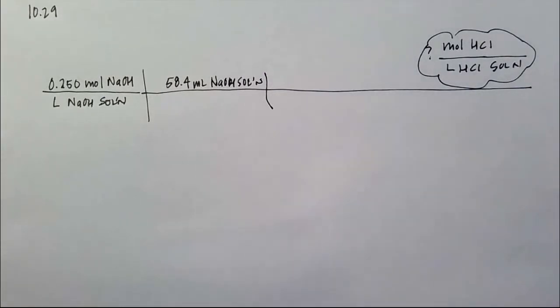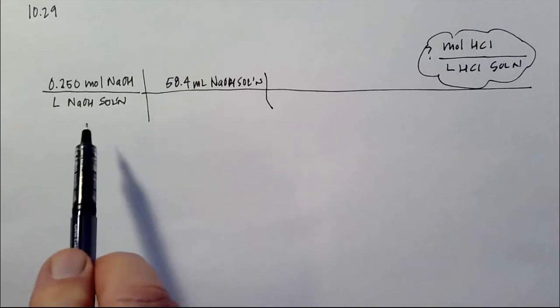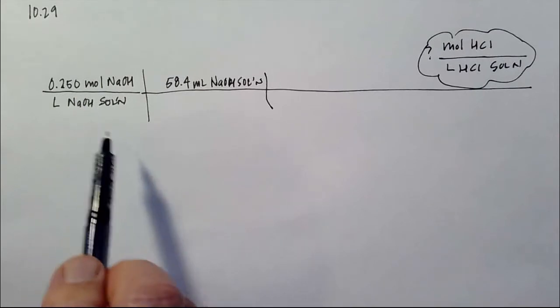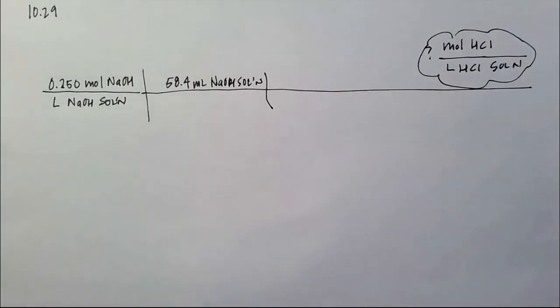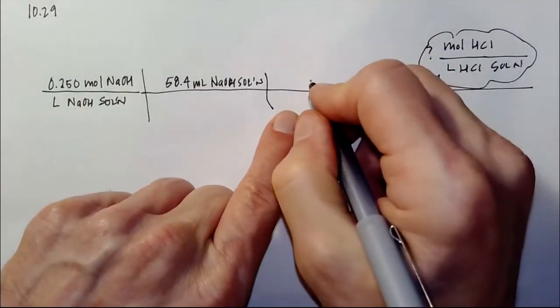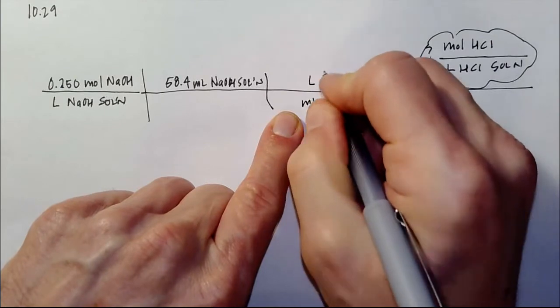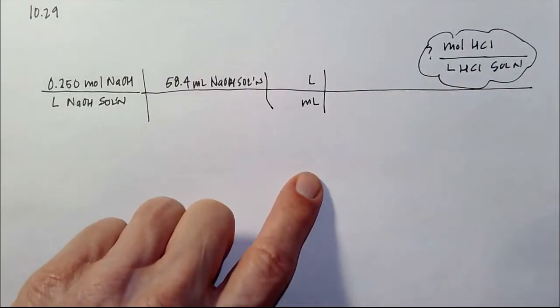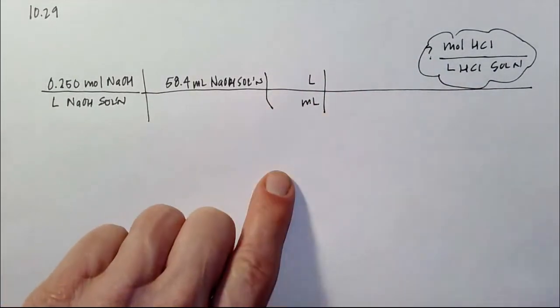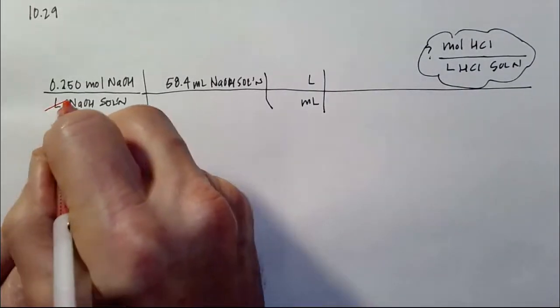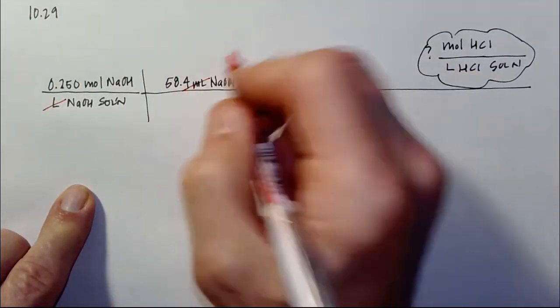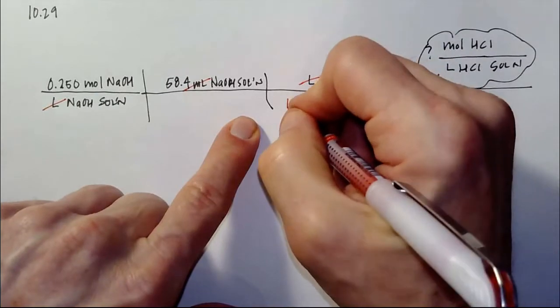Now, one of the tricks with these stoichiometry problems is keeping track of, well, that's liters of the sodium hydroxide solution. You're going to have two solutions, so it gets tricky to keep track of them both. I could make the liters and milliliters cancel. That would give me liters, liters, milliliters, milliliters.